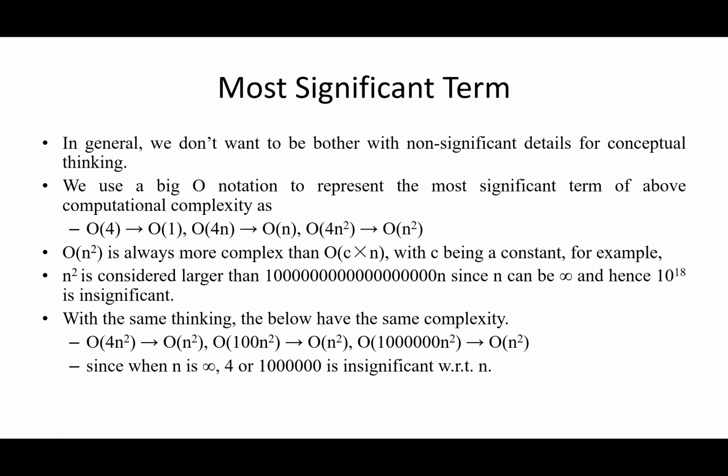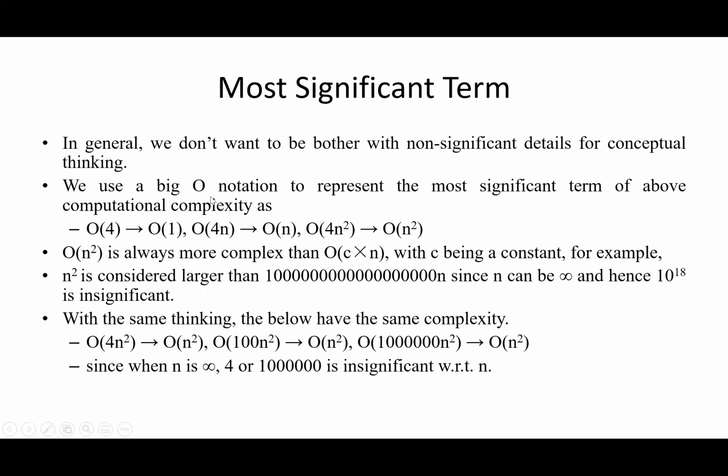We don't really look at whether it will increase by 97 operations. We don't want to talk about it in such detail. We want to know in general, when I increase my data size, how the rate or the time taken to run it will increase.